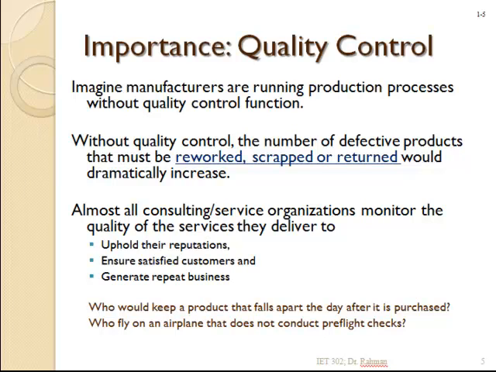So here we can see that a manufacturing or processing industry cannot function without quality control. And not only the manufacturing or process industries, any consulting or service organizations always monitor the quality of their service.